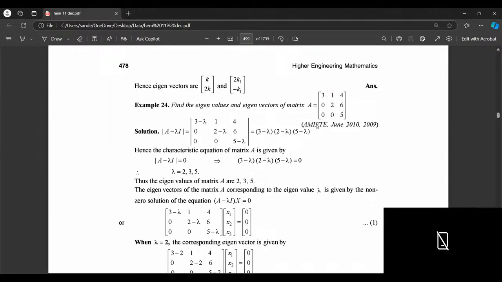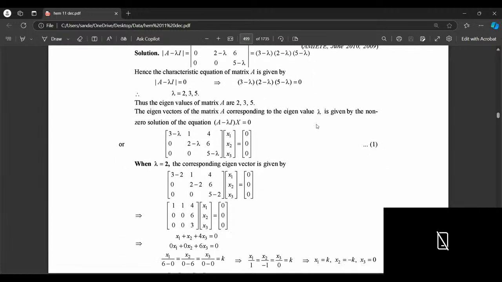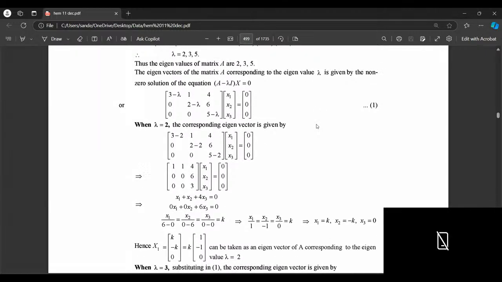Now your first eigenvalue is lambda equal to 2. Put lambda equal to 2 in this system of equations: 3 minus 2, 1, 4, 0, 2 minus 2, 6, 0, 0, 5 minus 2.